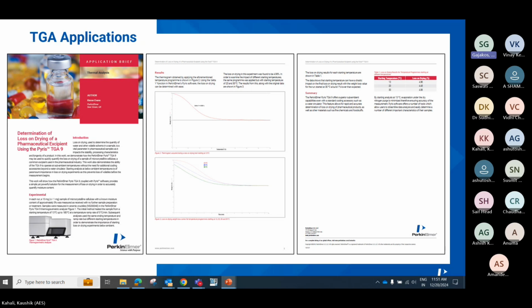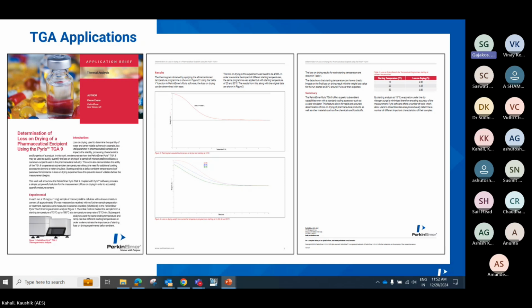But in this industry, it is also very critical when most of these APIs are purified with the help of different solvents. So there is a solvent content, or moisture content, in the sample, and this solvent can be a class 1 solvent. Those can be very problematic for human health.